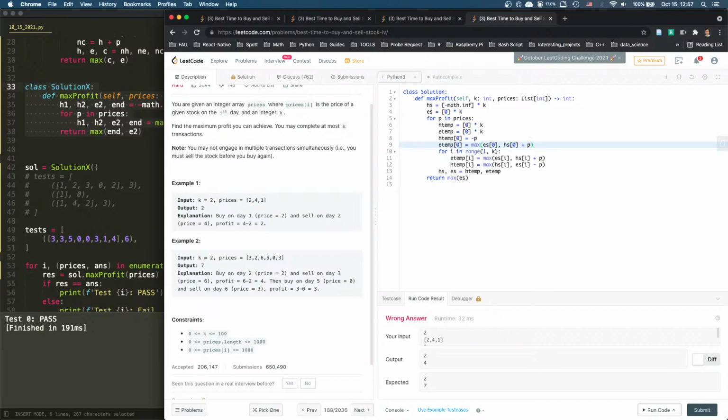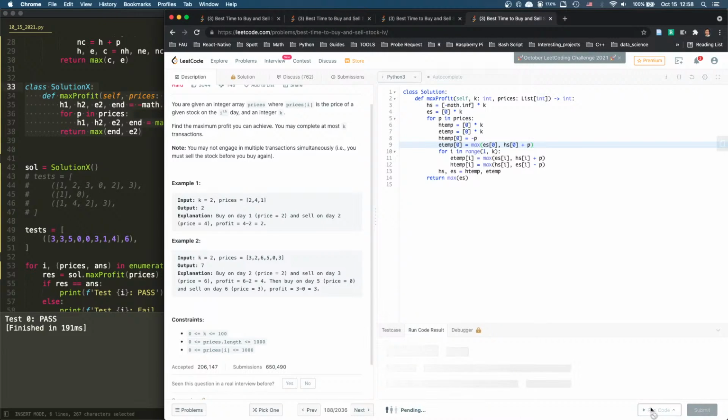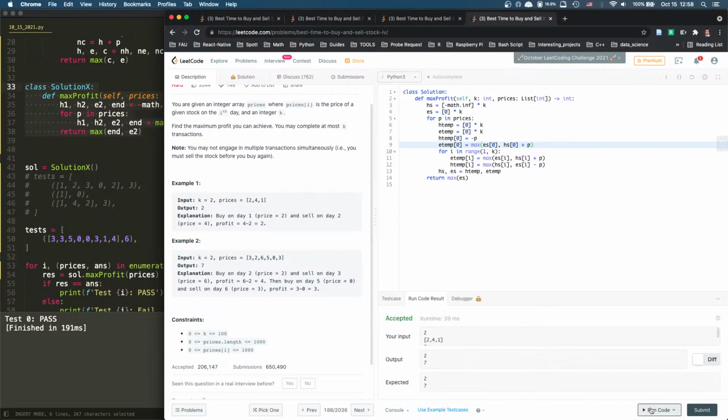That is the initial state. All right, try again. Run it again. There we go. That is correct.